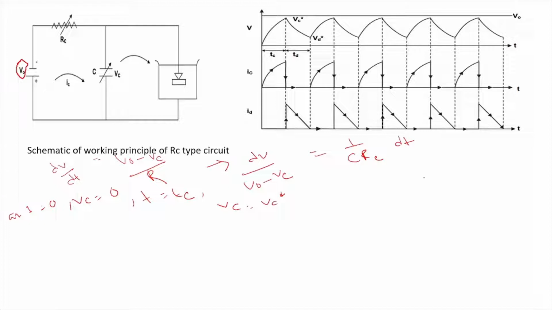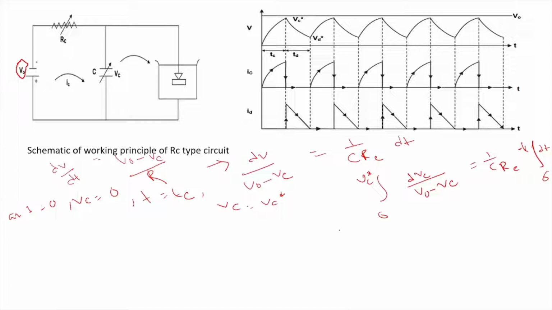Then if we integrate with the limits 0 to VC star, dVC by (V0 minus VC) equals 1 by CR times the integral of dt from 0 to TC.